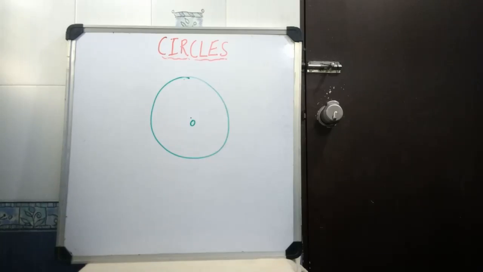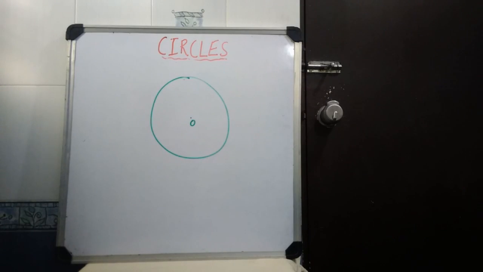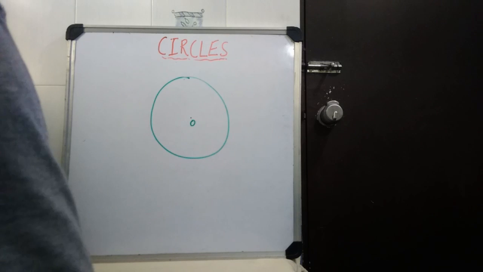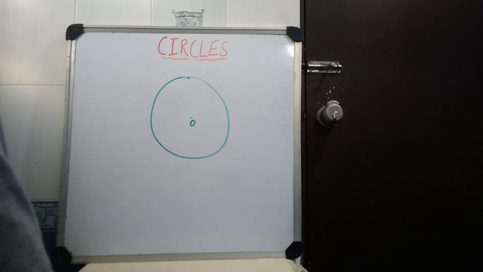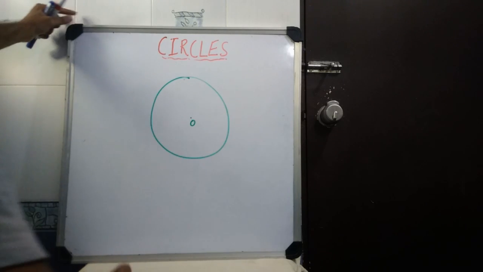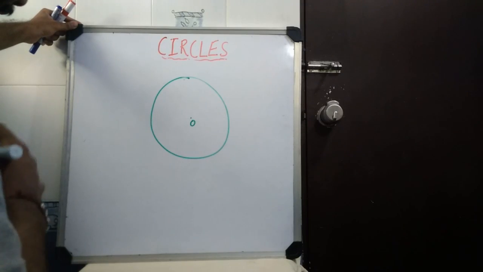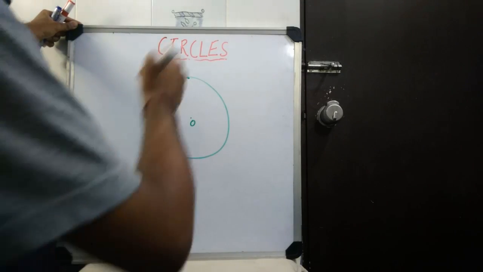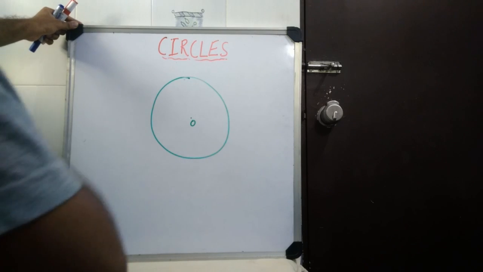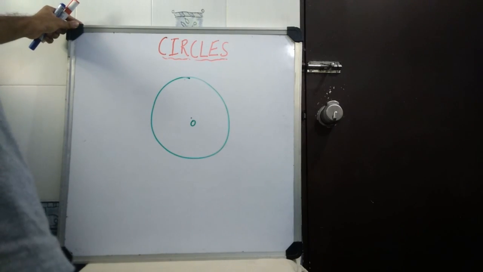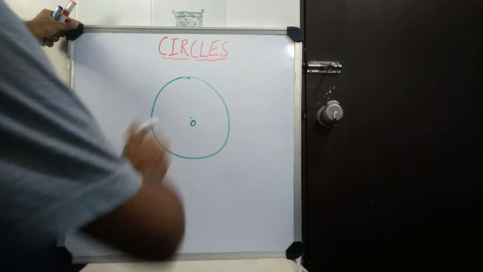Okay. Now let's see what a chord is. A chord is any line whose two ends lie on the circumference. Now, if we refer to the previous part, I told you that the diameter is a line whose two ends lie on the circumference, but with an added condition that it should pass through the center. But the chord doesn't have that.